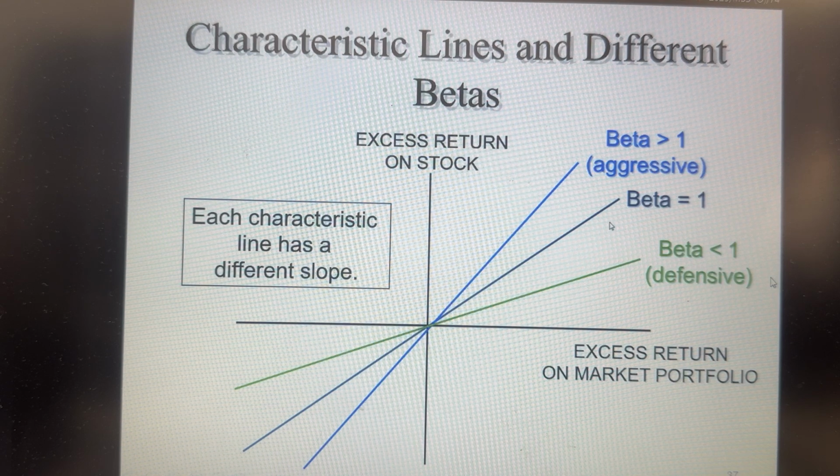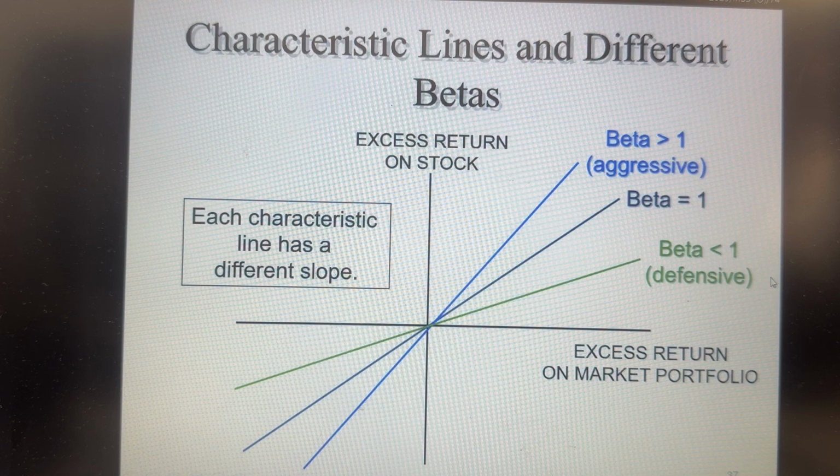So we can say beta is equal to 1. If beta is greater than 1, then the excess return of the company, the delta y change, is greater compared to the delta x change. Slope is delta y over delta x.